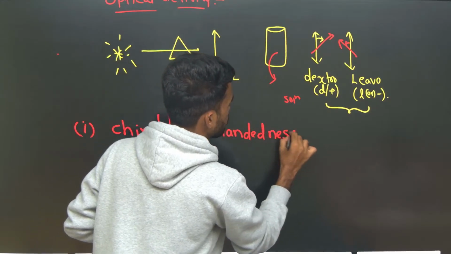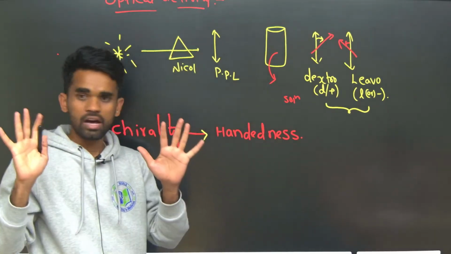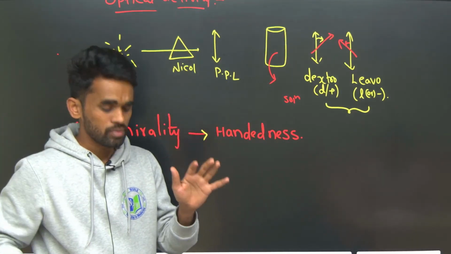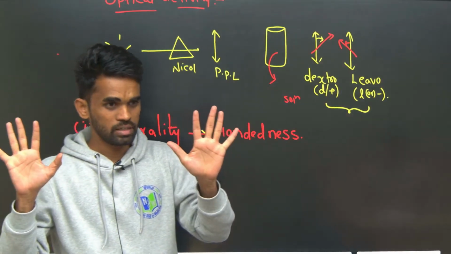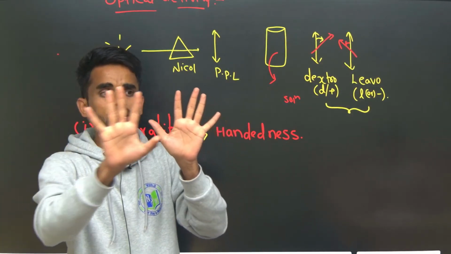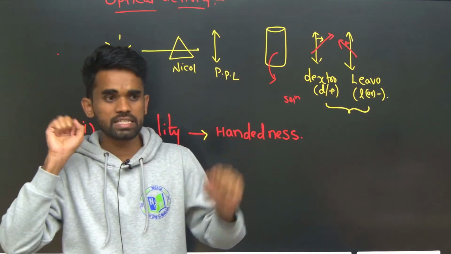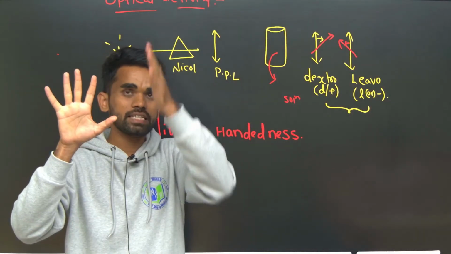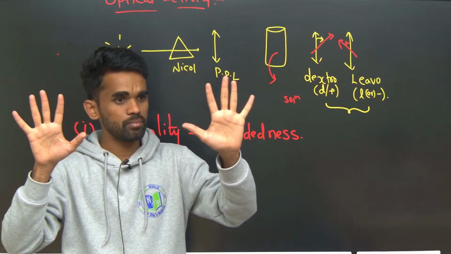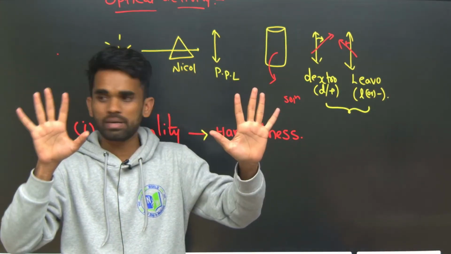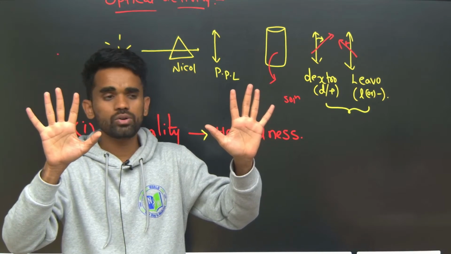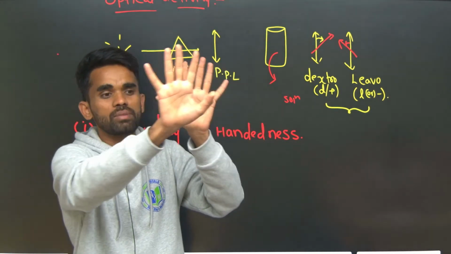If you observe your right hand and left hand, how do they differ? Your right hand looks like the mirror image of your left. If this is the real image and I place a mirror here, it will give the mirror image of this hand. Now take your right hand and place it on its mirror image.